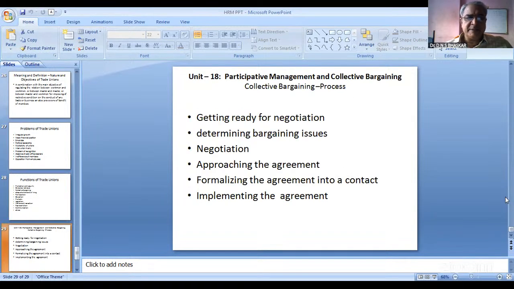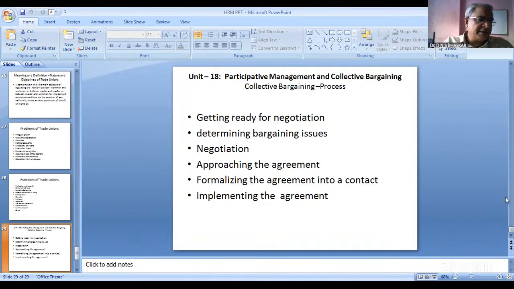Now let us proceed to another important chapter, that is unit number 18, participative management and collective bargaining. Out of this, what is collective bargaining and what is the process of collective bargaining is a very important element, and it is in the 18th chapter.